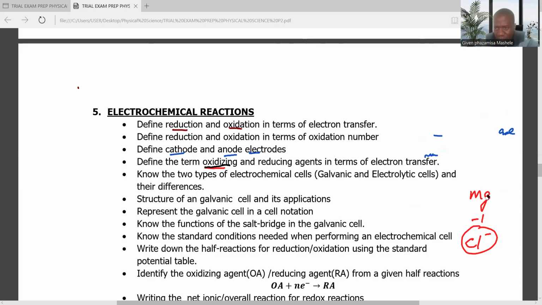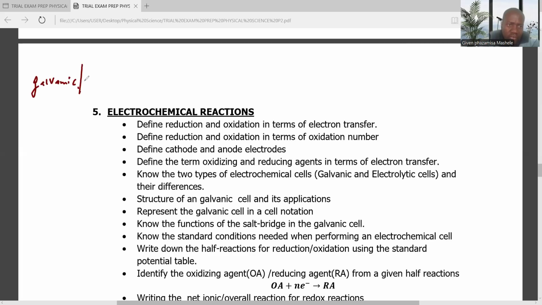A car battery is an example of a galvanic cell. And what is the difference between the two? Okay, let me summarize a bit about the two. It's very important to be able to know. So let's talk about the galvanic cell. Galvanic, another name is voltaic.